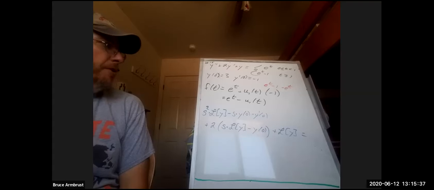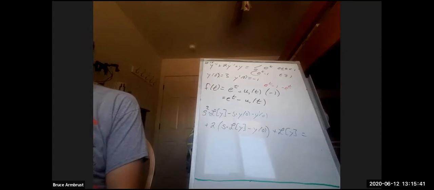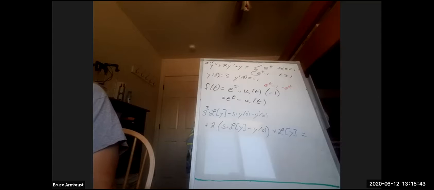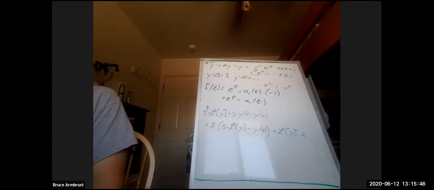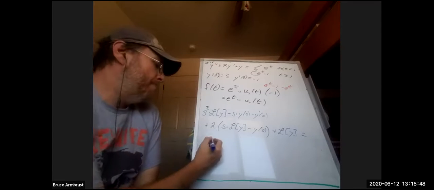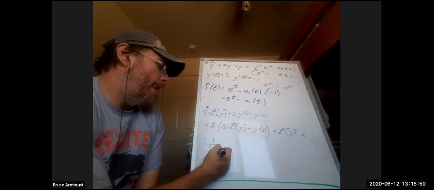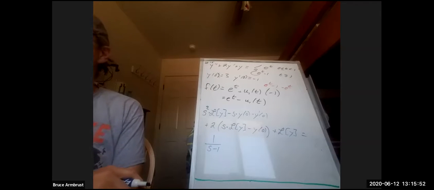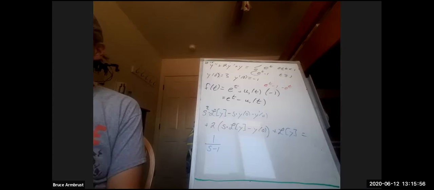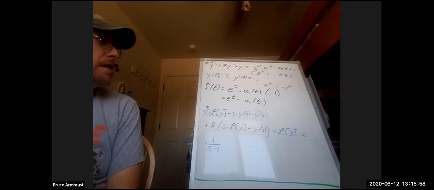Now let's take the Laplace transform of f of t. So e to the t, we know its Laplace transform, which is going to be 1 over s minus 1. E to the at, its Laplace transform is 1 over s minus a. So this one, a is 1.